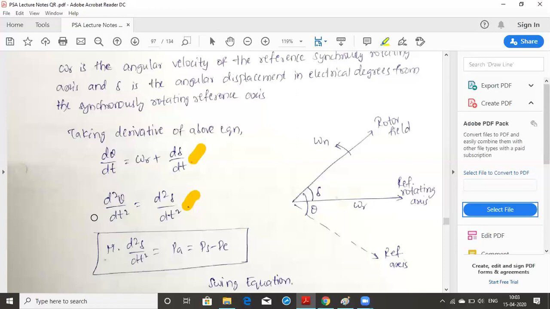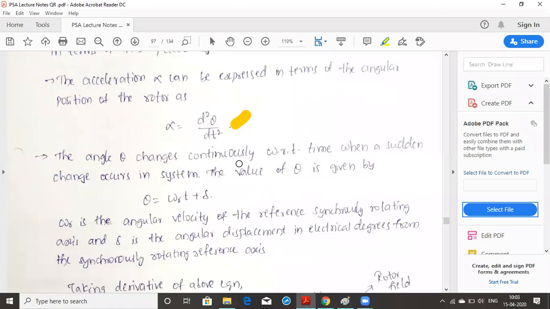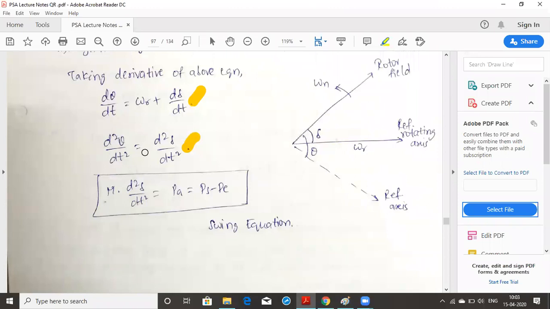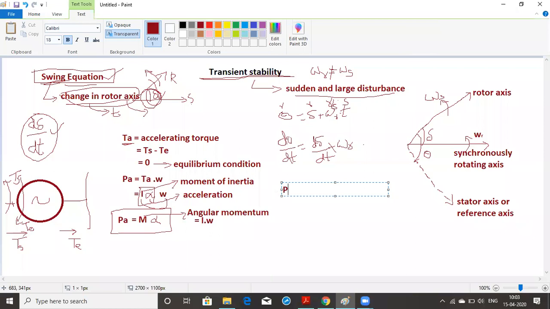So what is this one? This one is actually alpha. I have already told you this is an acceleration. Acceleration is expressed in terms of the angular position of a rotor, alpha, which is expressed as d square theta by dt square. Now alpha, d square theta by dt square, is now d square delta by dt square. So I am just substituting in this equation. If I substitute in this equation, Pa is equal to, what is alpha now?